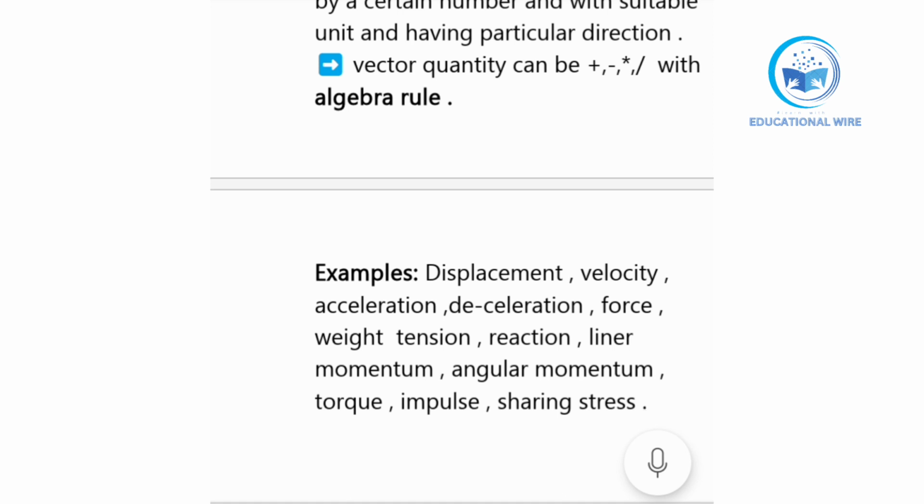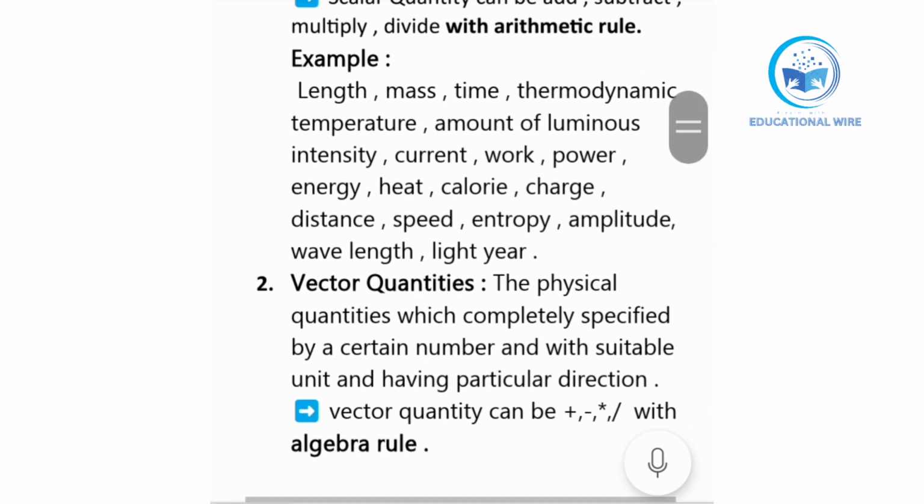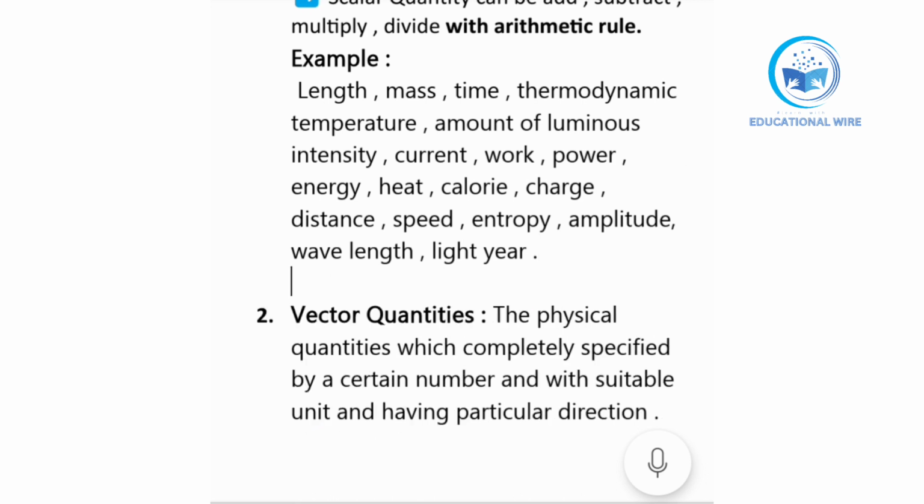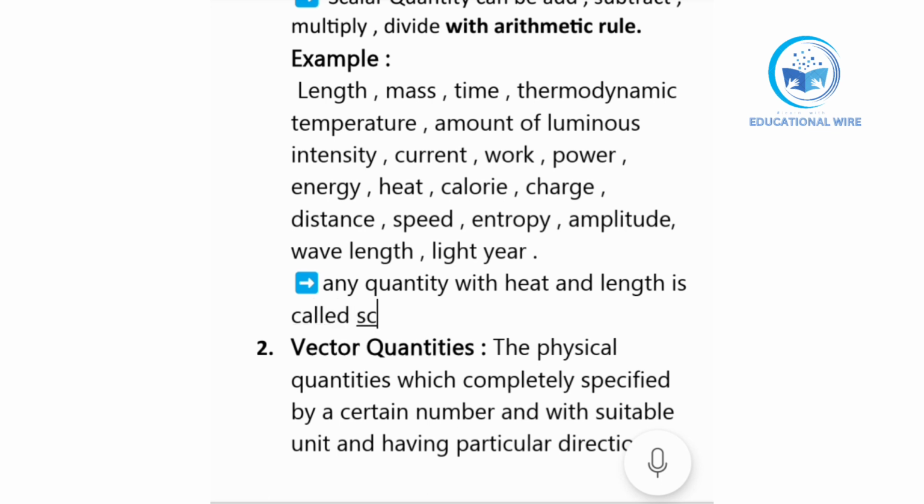One more thing to remember about scalar and vector quantity. Any quantity with heat and length is called scalar quantity.